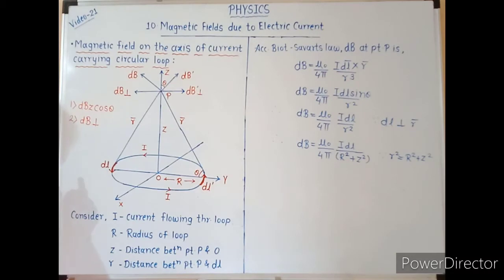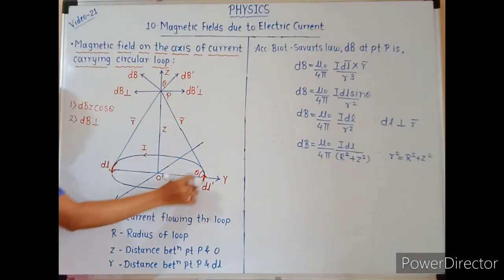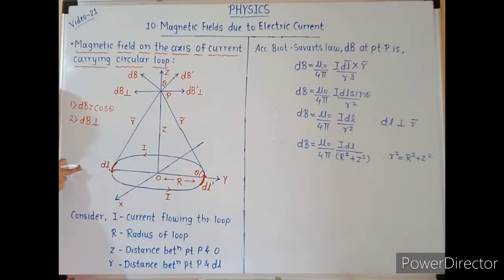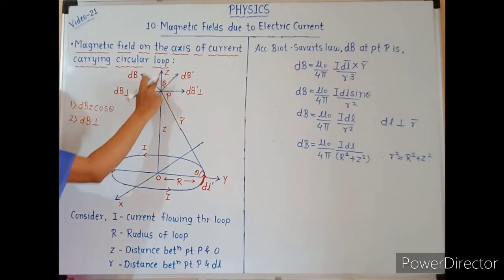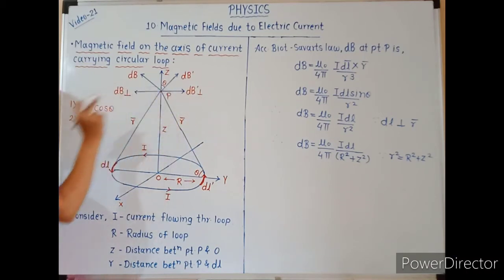Now we have to calculate the magnetic field at a point P due to this current carrying circular loop. So we have to add all these small length elements dl, that is, we have to add all these components. When we add these components, the components which are perpendicular to this z axis, that is dB perpendicular and dB dash perpendicular, are opposite in direction, so they cancel out each other.